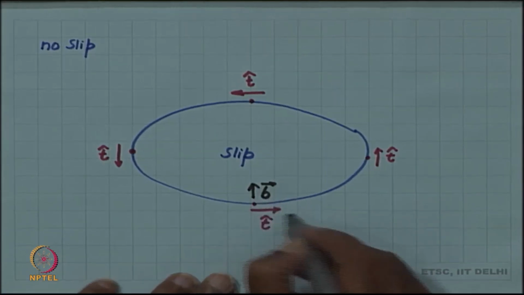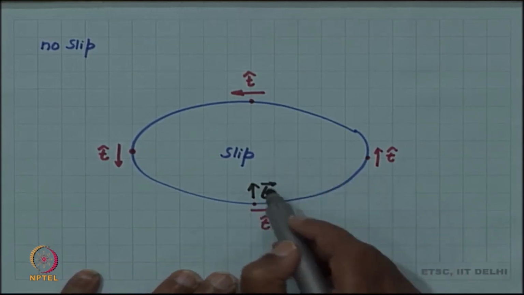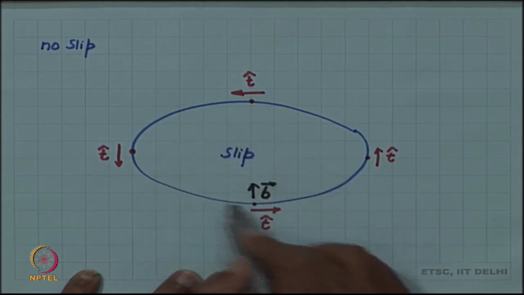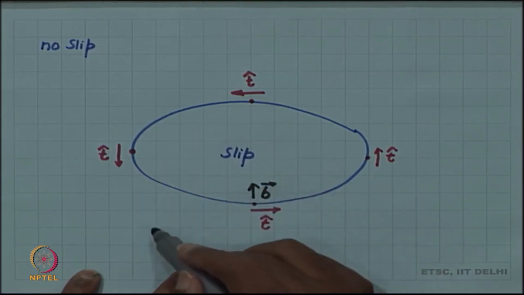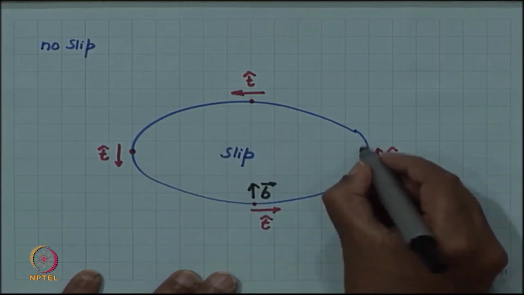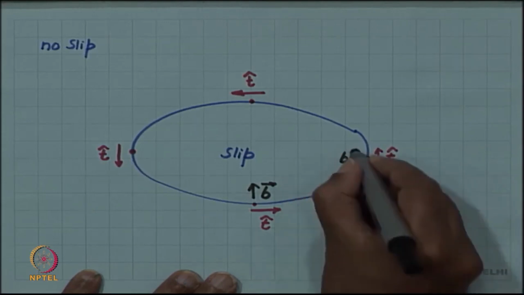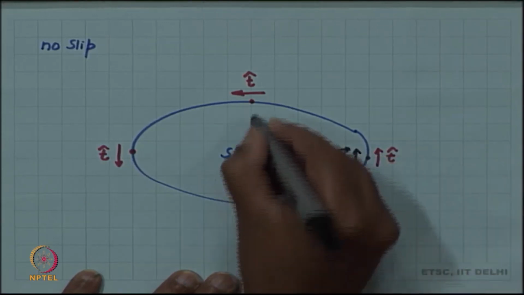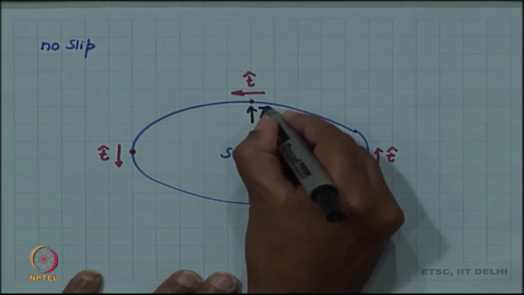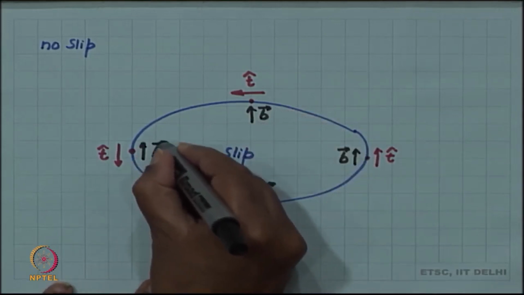Now, this B vector is characterizing how much this internal region has slipped with respect to the outside region, and that slip is constant all along the line. So, the B vector at all the points will remain of the same magnitude and will be pointing in the same direction. So, it will be pointing up at all these locations.